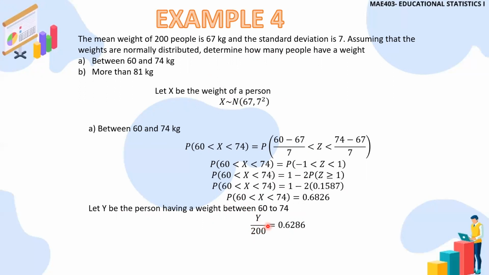So Y is the number of people with weight between 60 to 74 divided by the population 200, equal to the probability of the people with weight between 60 to 74. So Y is equal to 136.52. Since this is people, round off to 137 people that have weight between 60 to 74 kg.